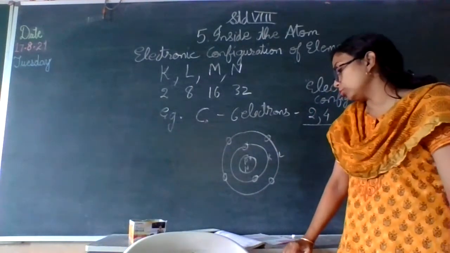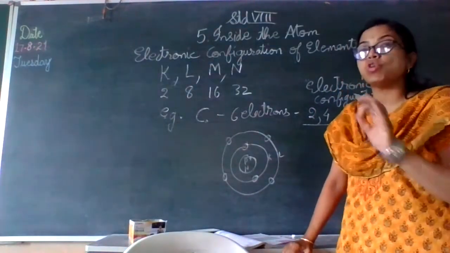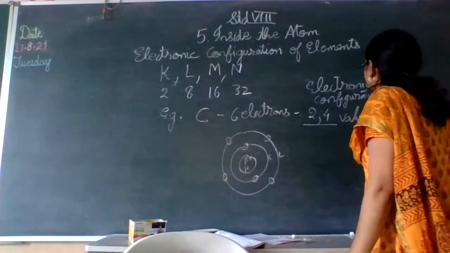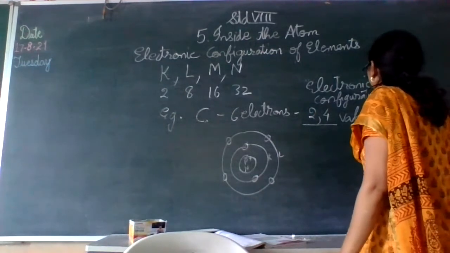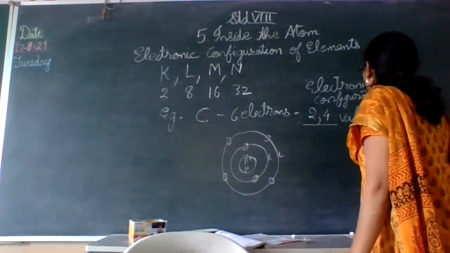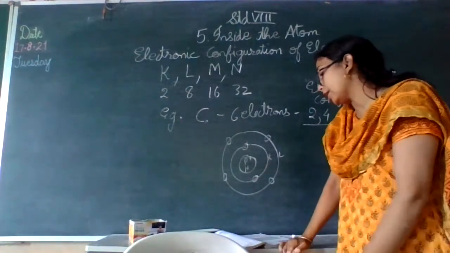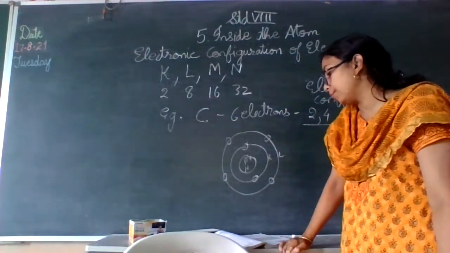Now, the outermost shell is therefore called the valence shell. In case of carbon, this L shell is the valence shell of that element.